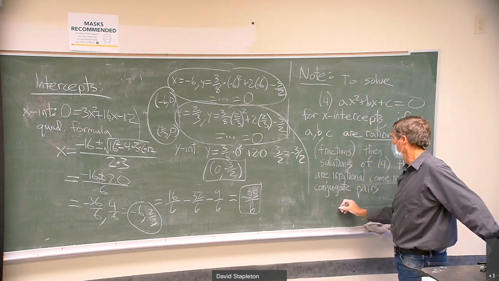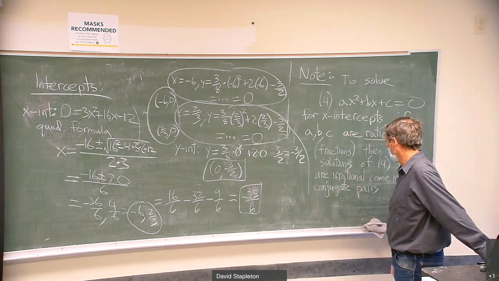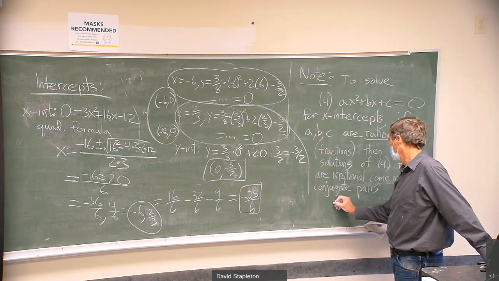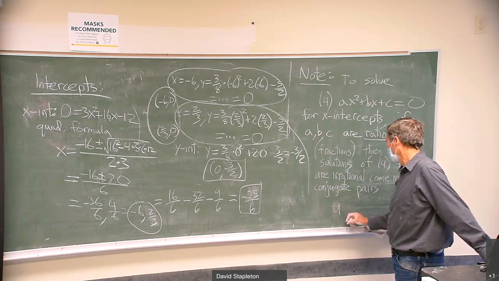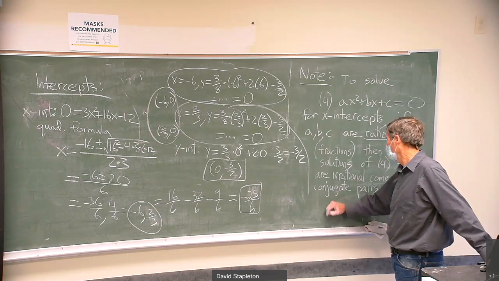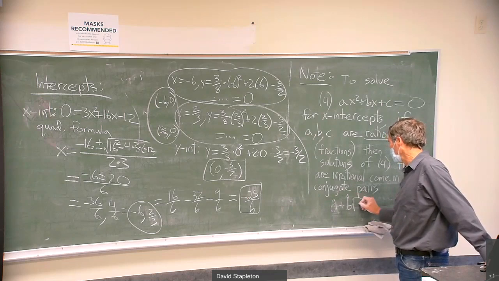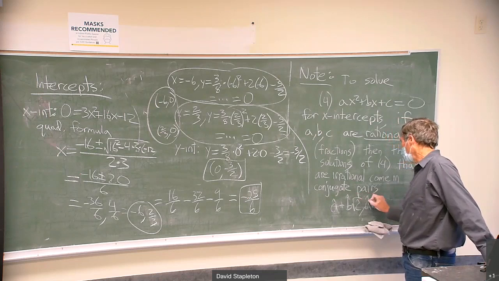The solutions come out to be, I can't use a, b, or c, I'll put hats on them: a-hat plus b-hat square root c-hat, and a-hat minus b-hat square root c-hat.